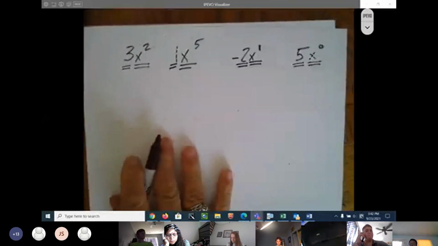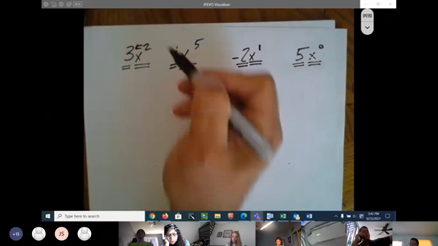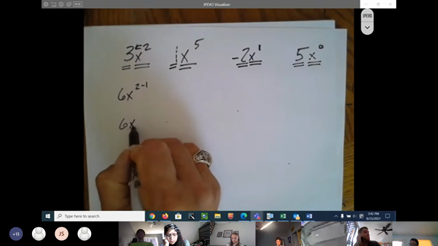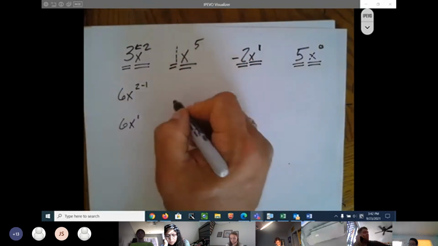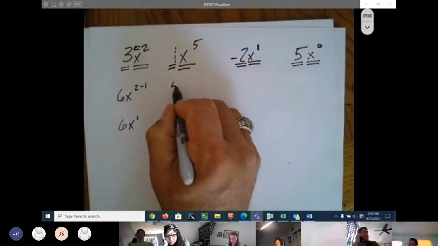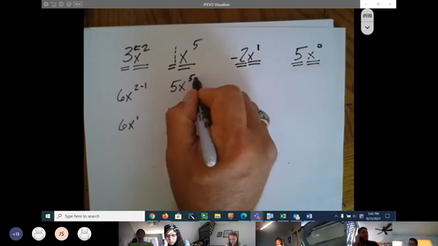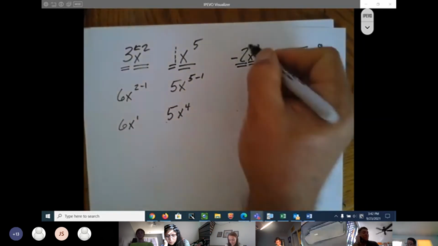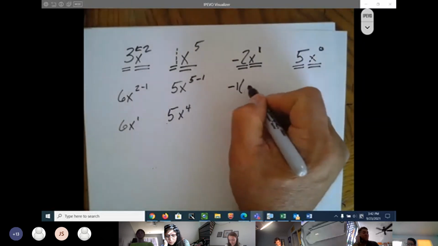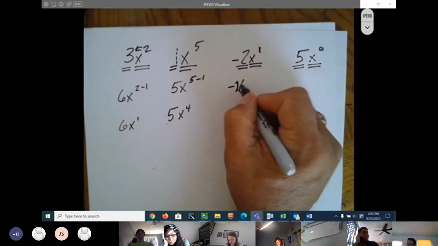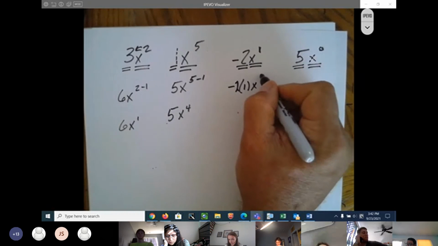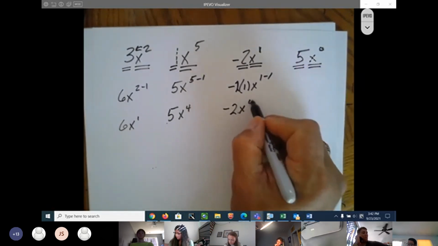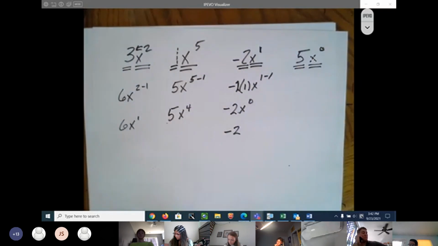So this derivative would be 6x to the 2 minus 1. This one would be 5x to the 5 minus 1, which would be 5x to the 4th. This would be negative 2 times 1, x to the 1 minus 1, which is negative 2x to the 0, which is negative 2.